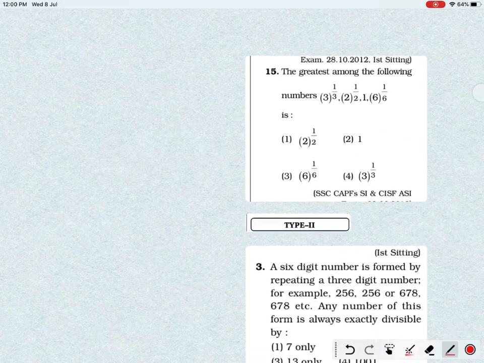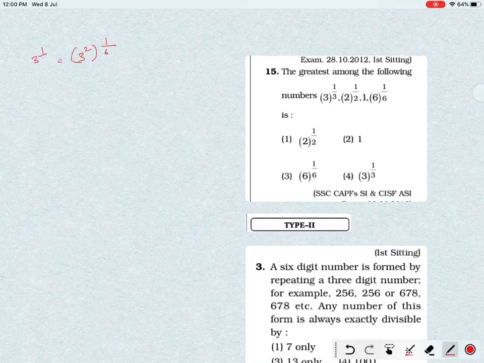Next comes the greatest among the following numbers. So here the main objective is to make the powers equivalent. Once we make the powers equivalent, we can compare the base easily. So 3 to the power 1 by 3, let's write it as 3 square to the power 1 by 6.